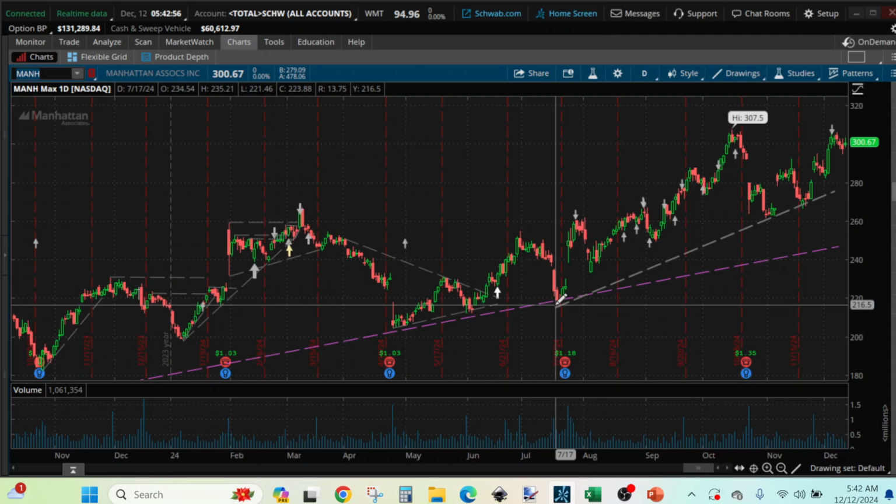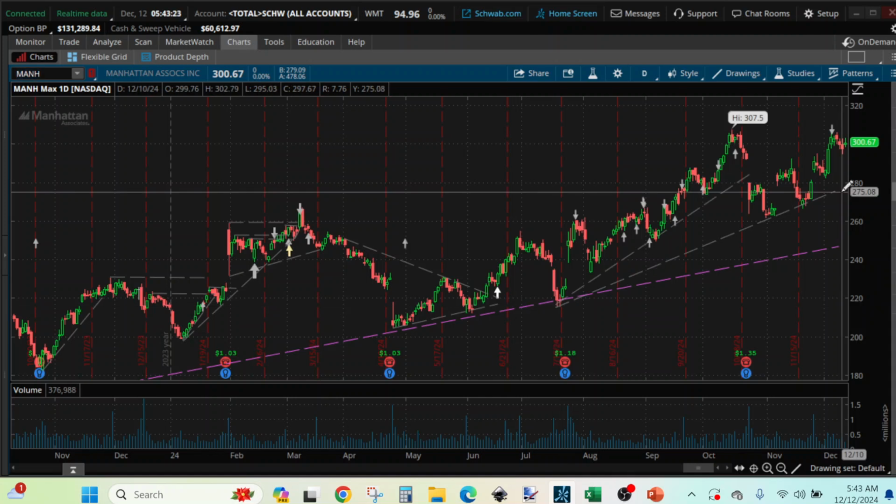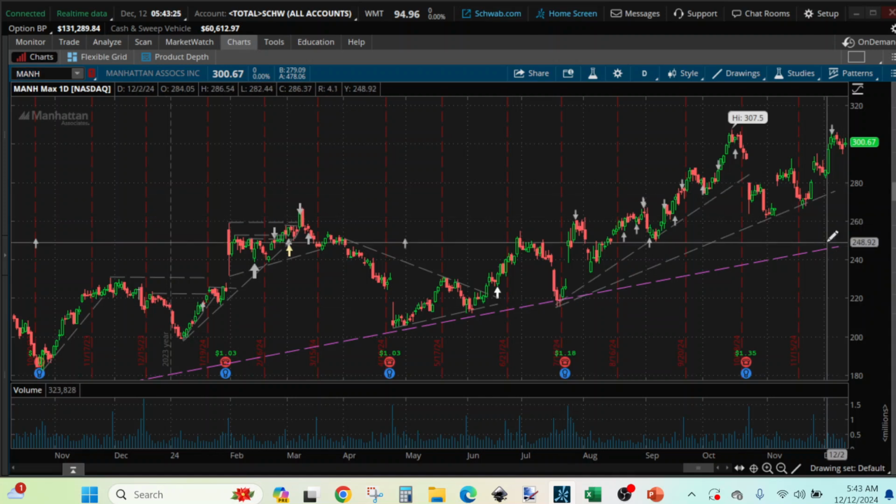But then we purchased it and it did all of this and went back there and we sold it. So I just prefer to wait on it to come here. MAR. We are waiting on this line, so we will wait.